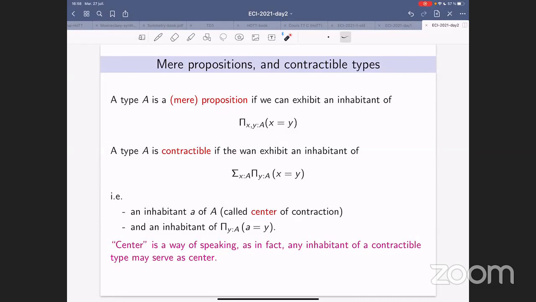Because a proposition might have a proof, in which case it has an inhabitant, or it might be false, and then it doesn't have an inhabitant. And that's all that matters about a proposition. If you are doing ordinary logic, you are not thinking that there are notions of paths.